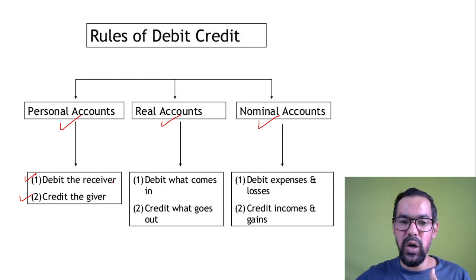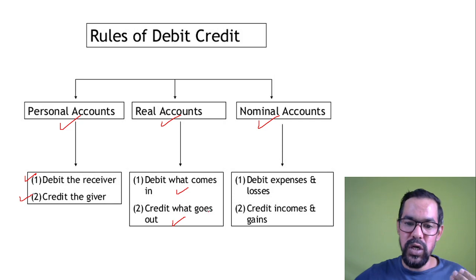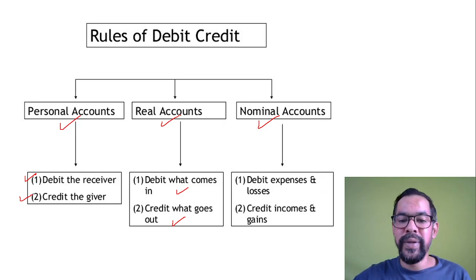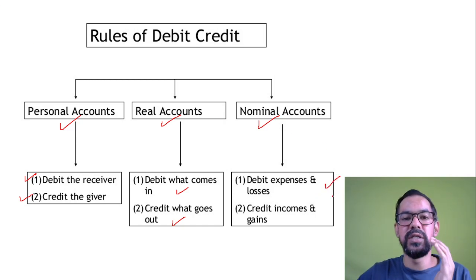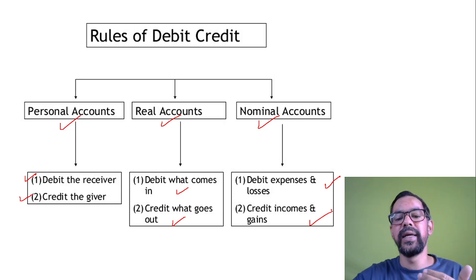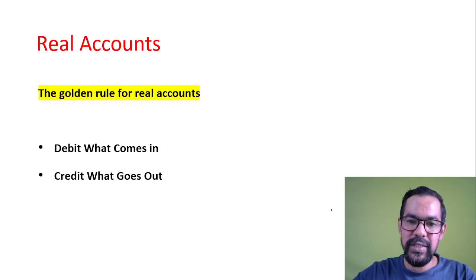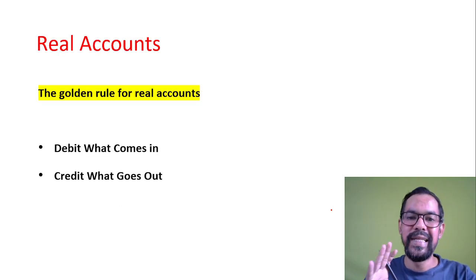In case of real account, it is debit what comes in and credit what goes out. In case of nominal account, debit all the expenses and losses, and credit all the income and gains. We will discuss these accounts one by one with the help of examples.